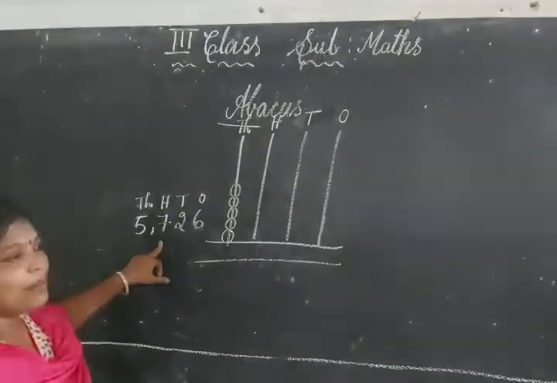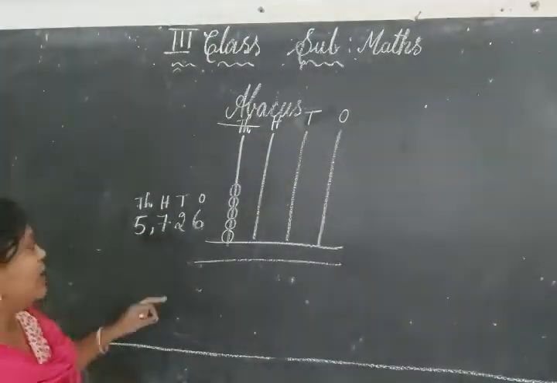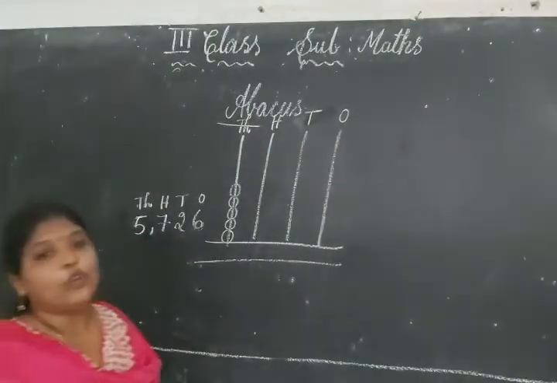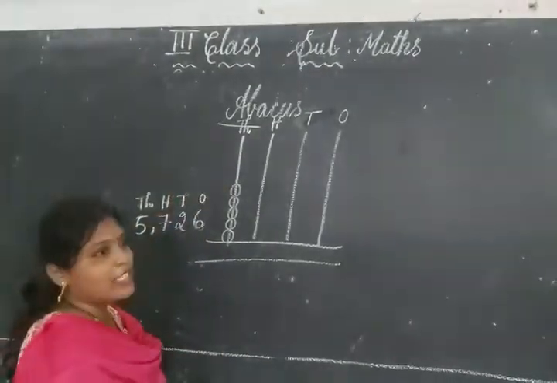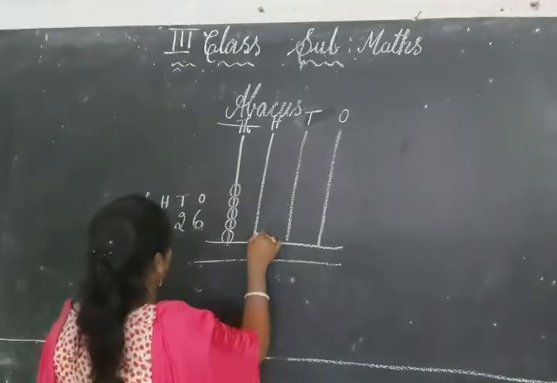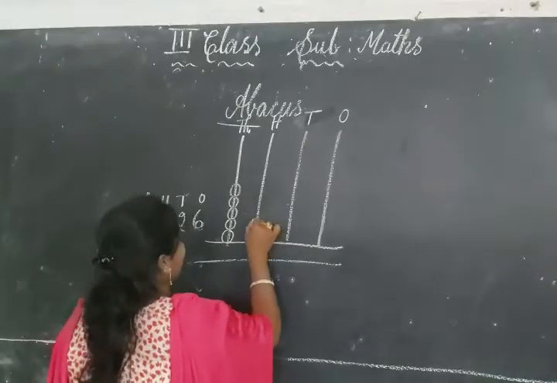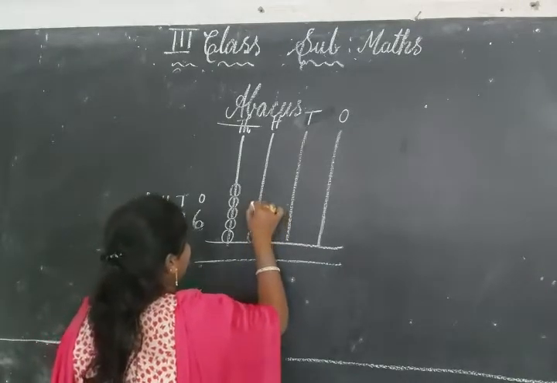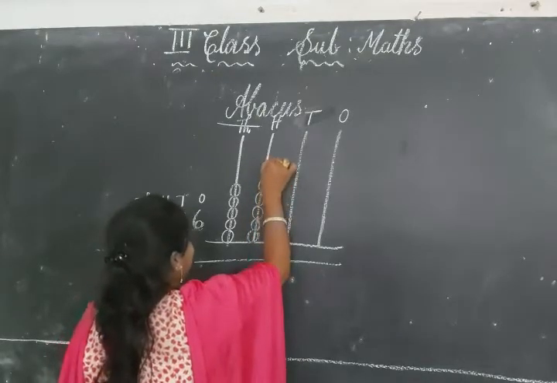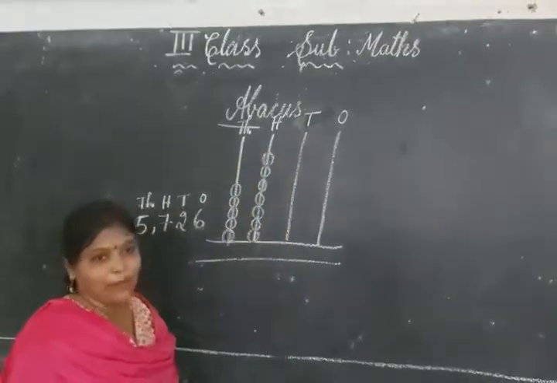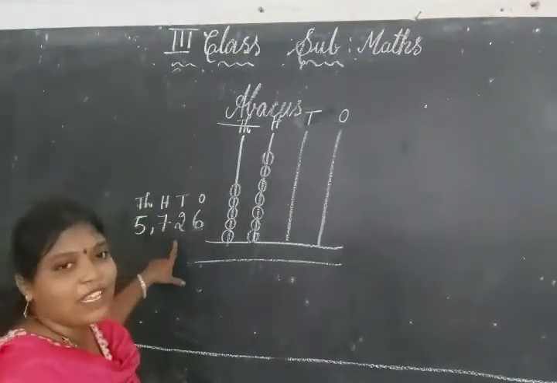Now, what is the number in hundreds place? It is 7. So, you have to draw 7 beads on hundreds rod. 1, 2, 3, 4, 5, 6 and 7. Now, what is the tens place number?